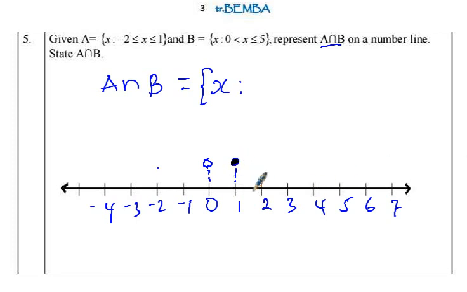And after that we can draw a line showing that. And so in our intersection we have 0 but x is greater than 0 by the nature of this, and then it should be less than or equal to 1. So that is our intersection, and it's what we have represented on the number line.